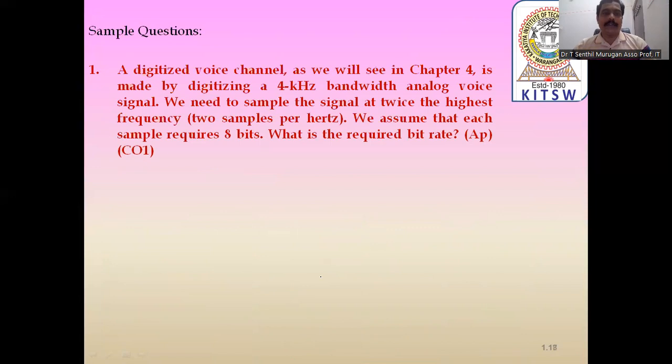Read carefully. A digitized voice channel, as we will see in chapter 4, which we will discuss later, is made by digitizing a 4 kilohertz bandwidth analog voice signal. 4 kilohertz means 4 into 10 power 3 hertz. We need to sample the signal at twice the rate, that is 2 times, and we assume that each sample requires 8 bits.